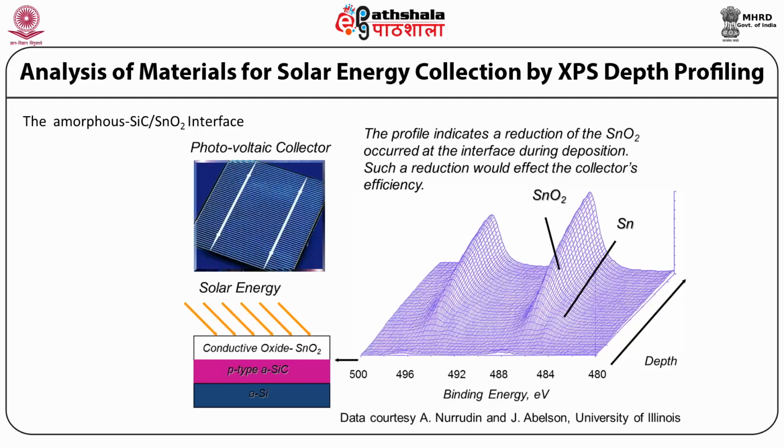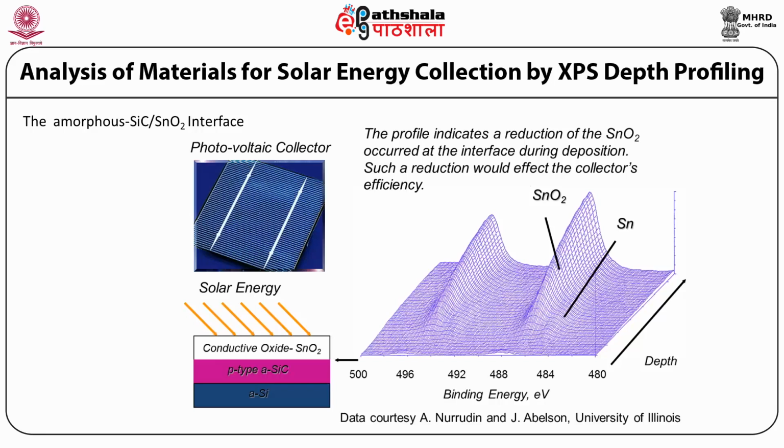It is a photovoltaic collector made up of SiC and SnO2. Solar energy falls on the conductive oxide layer, which is SnO2. In between we have a p-type SiC, and then we have amorphous silicon. So when light falls, SnO2 should be there. If the tin dioxide layer reduces, it will reduce the ability of this material to store solar energy.